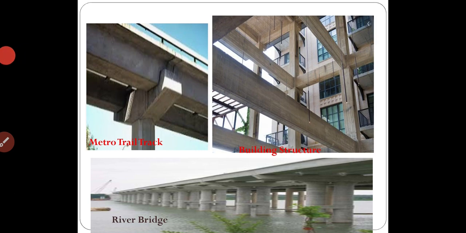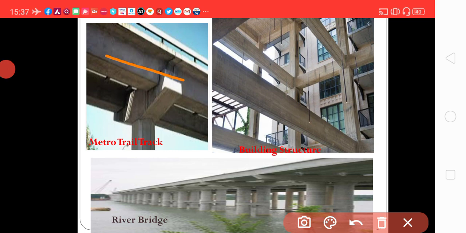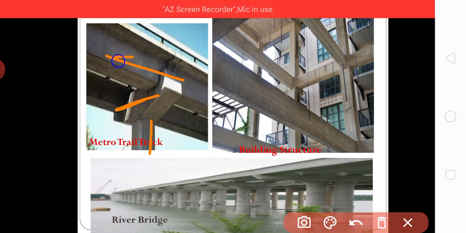These are again real-world situations, practical examples. This is the metro track kept on a column with an overhanging beam. Both tracks, one is going this side, the other one is going that side.